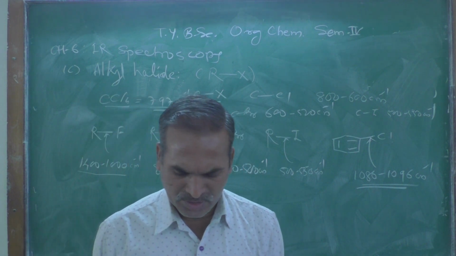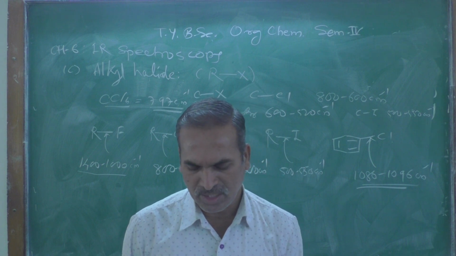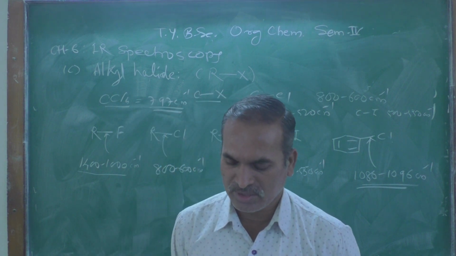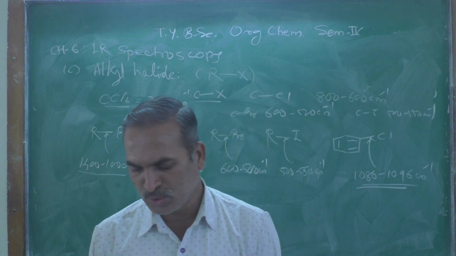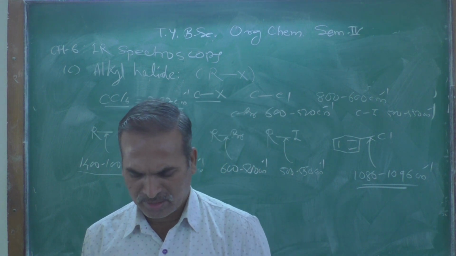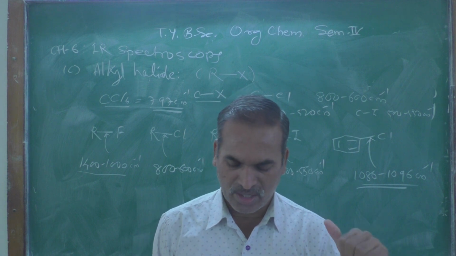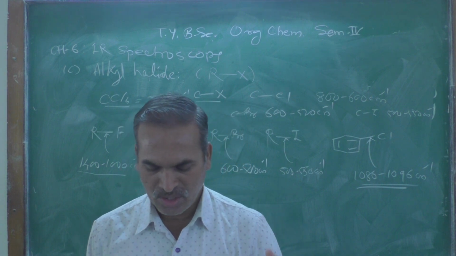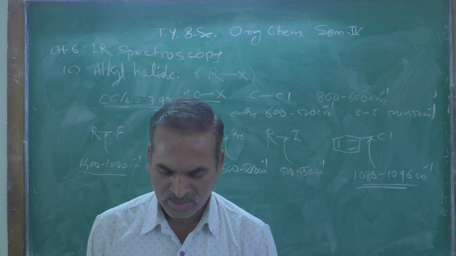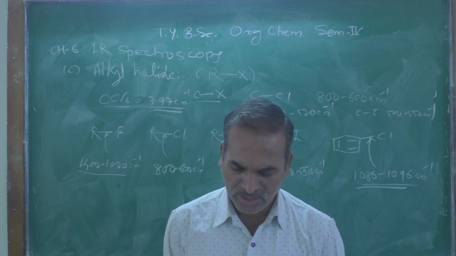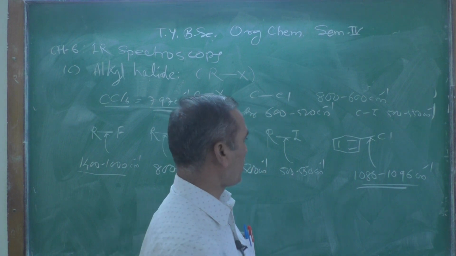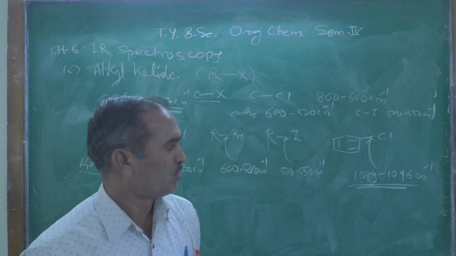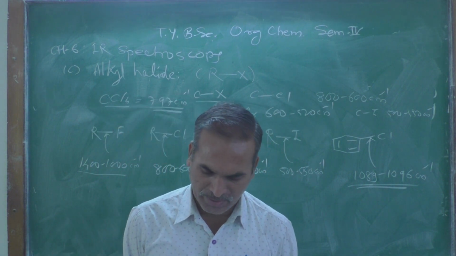A strong CH2 wagging band is observed for CH2X in the region 1115 to 1300 per centimeter. Chlorobenzene, as I have just mentioned, absorbs in the range 1089 to 1096 per centimeter.